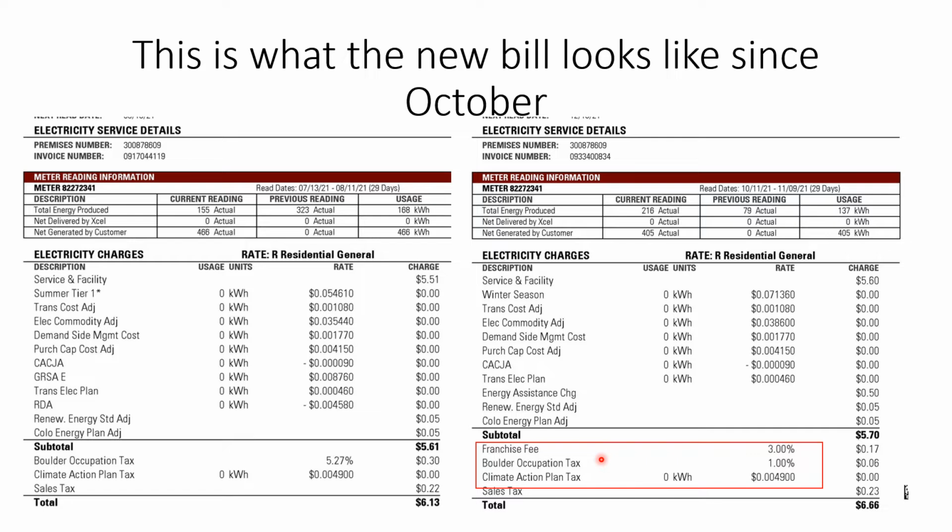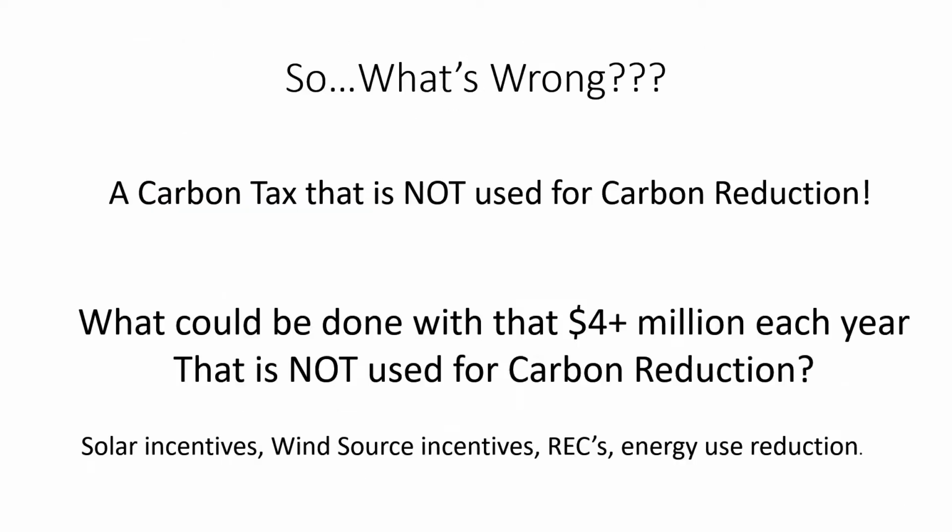Note that this change started in October, and these values are negotiated by City Council and Excel, where we just say how much money we want, and Excel breaks that down into a percent of their anticipated total power bills. So this is something that will change over time. But the fact that the occupation tax is not used for carbon reduction, and probably this franchise fee is not used for carbon reduction, continues.